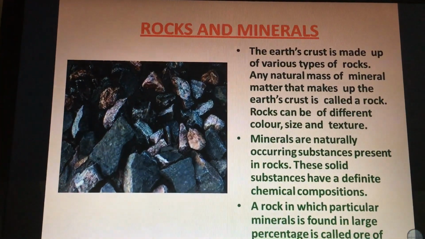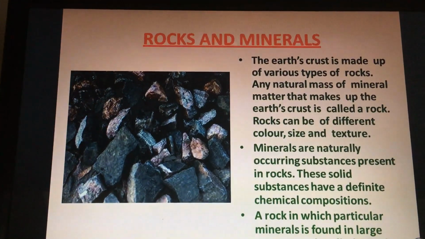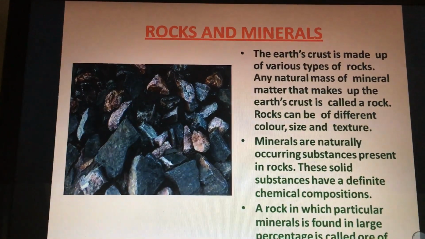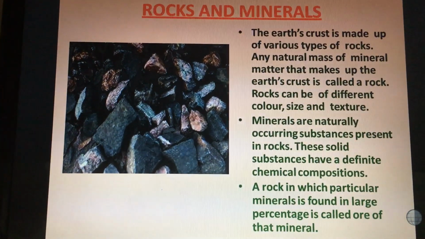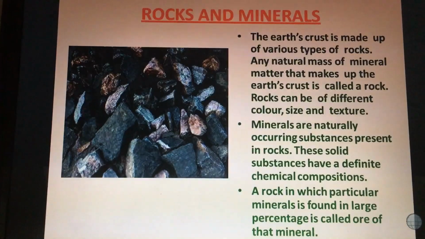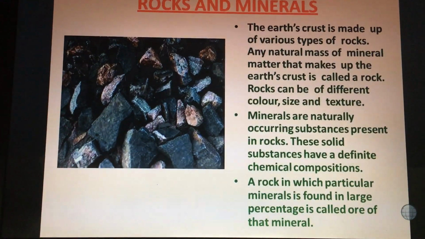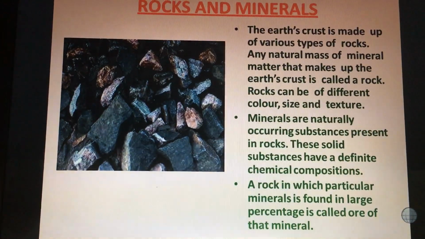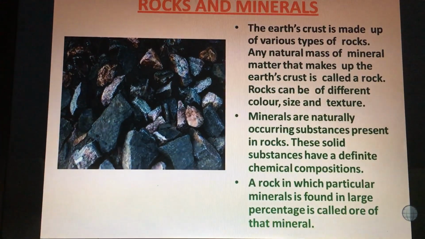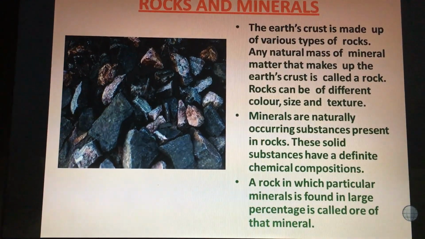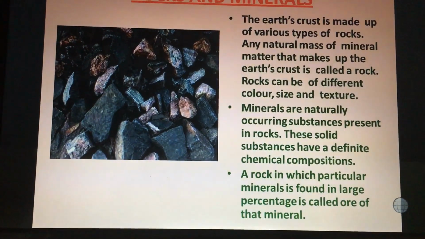Moving up, next are the materials of the earth, that is rocks and minerals. The earth crust is made up of various types of rocks, and the natural mass of mineral matter that makes up the earth crust is called a rock. Rock can be of different color, size and texture as well. Minerals are naturally occurring substances present in rocks.